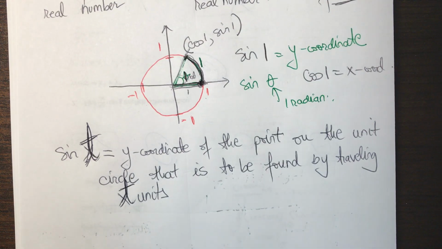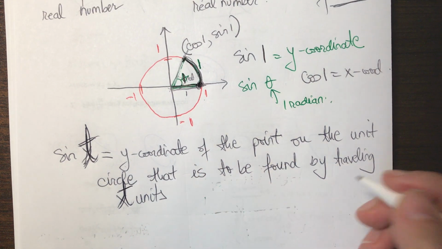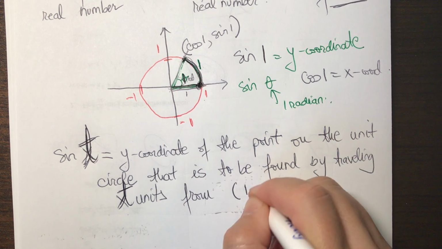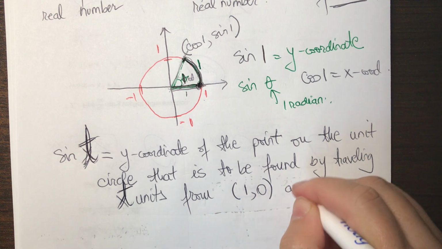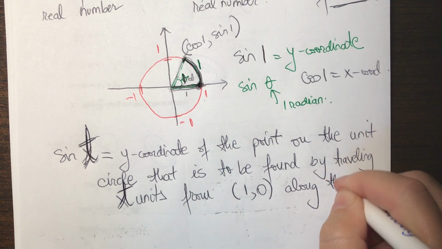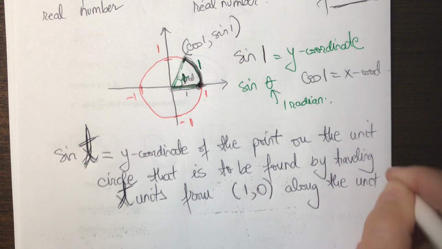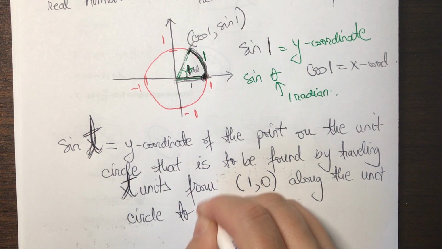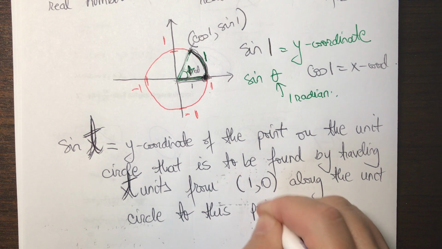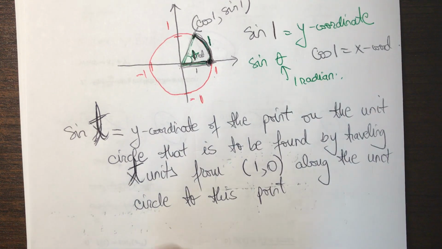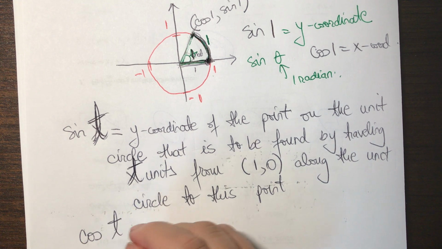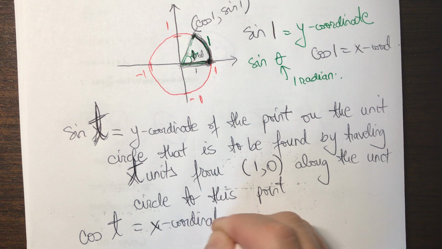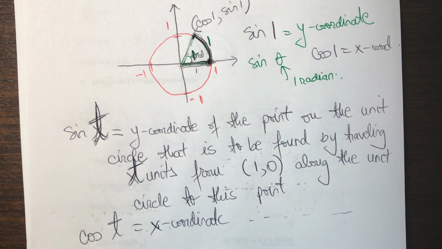By traveling t units from the point of coordinates (1, 0) along the unit circle to this point. So I'll explain in a bit some more. And then what's the cosine value of some number t? You pick the x coordinate of this point, and so on and so on.